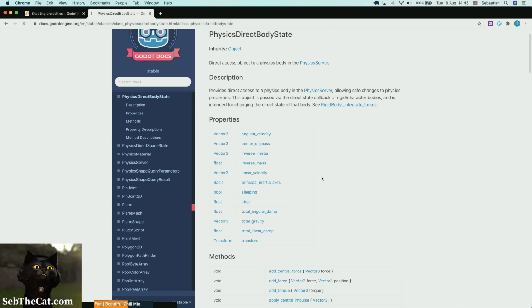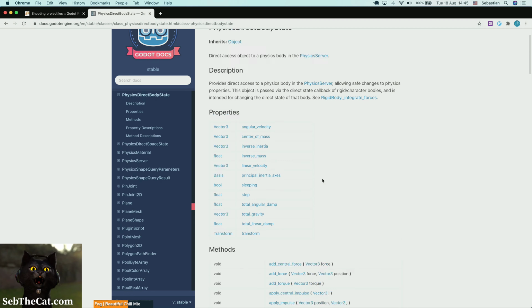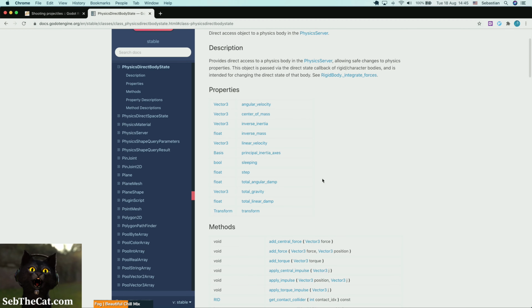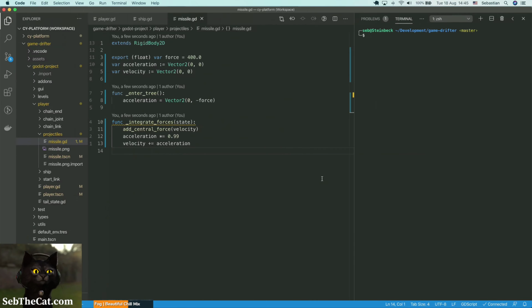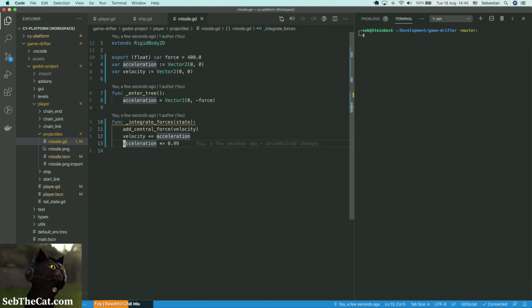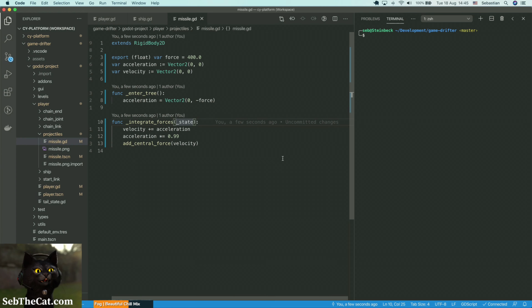Physics direct body state. Okay, I think that's maybe do it like that. We're not using the state right now, so cool.